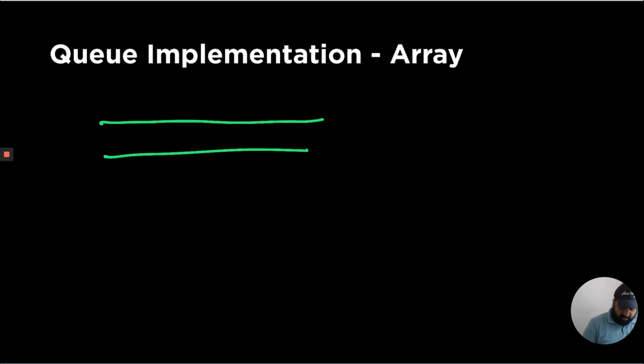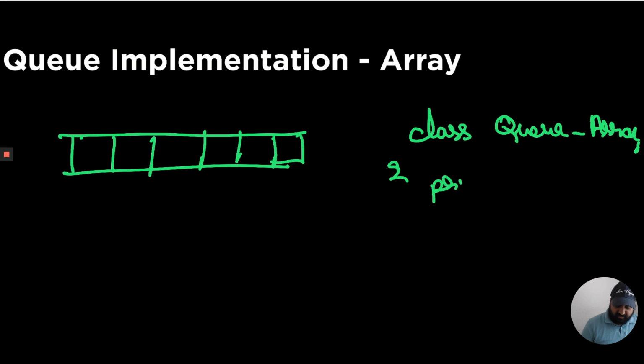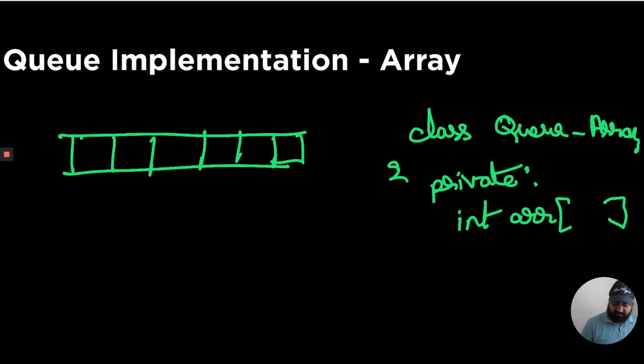When we talk about the implementation, you can implement a queue in the form of an array. Let's call this class QueueArray. The private variables for this class would be, since it's an array-based list, of course an array of max size, which we discussed in the stack.